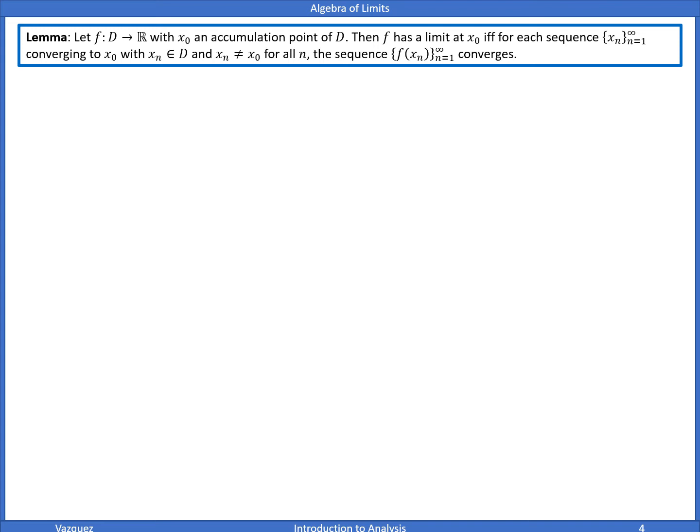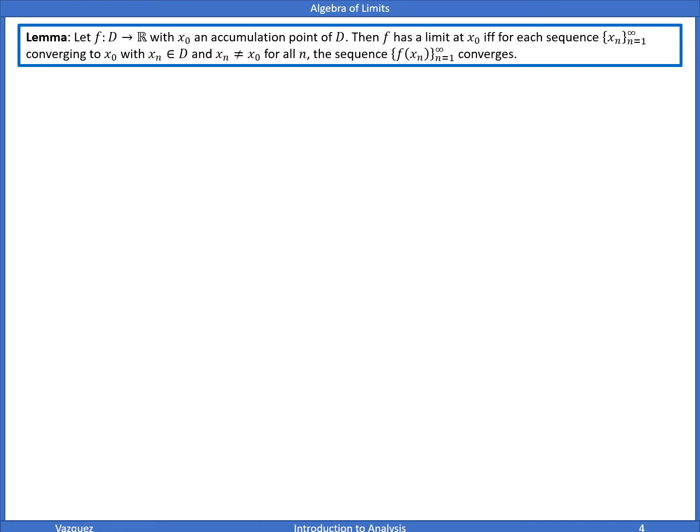It says let f map D to R with x naught an accumulation point of D. Then f has a limit at x naught if and only if for each sequence x n converging to x naught with x n in D and x n not x naught for all n, the sequence f of x n converges.